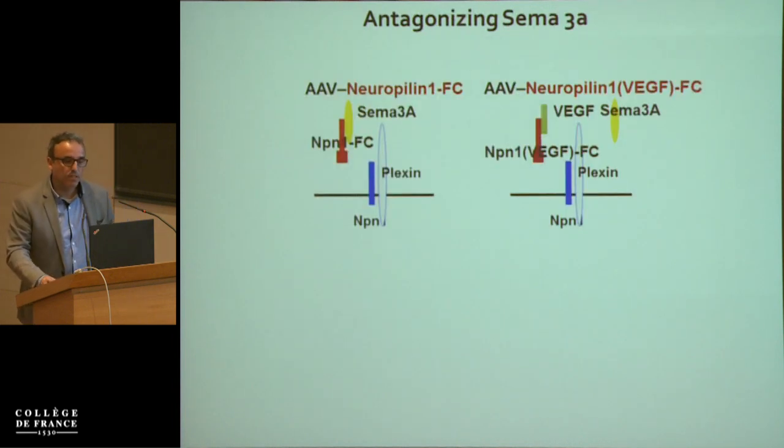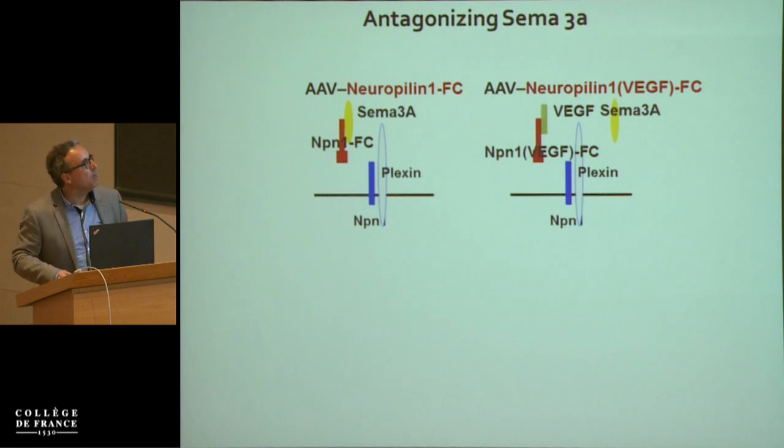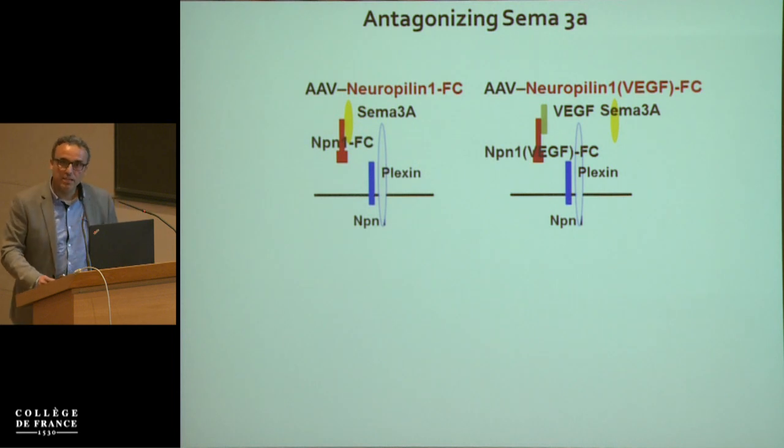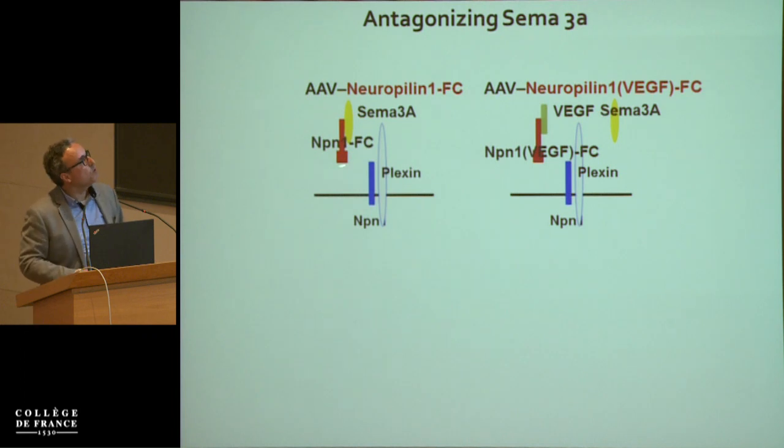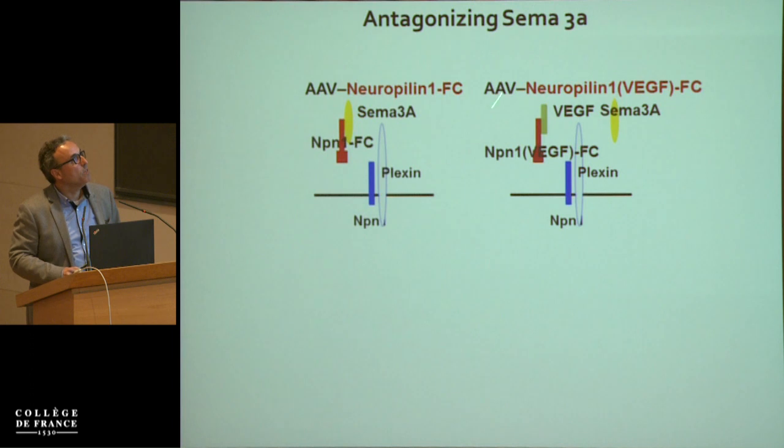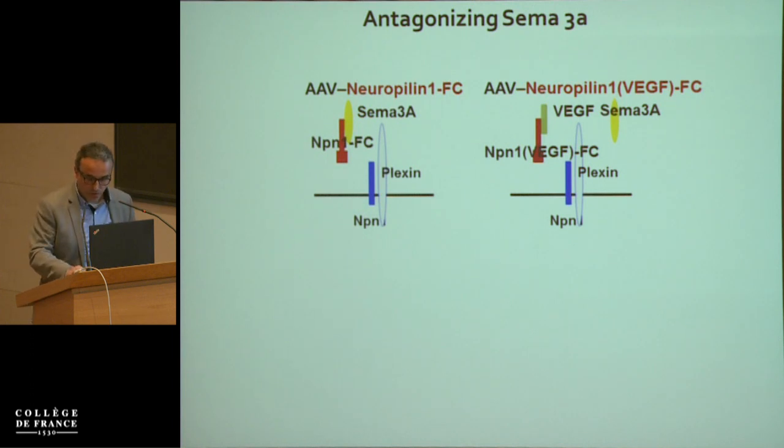So Jost made some receptor bodies to antagonize SEMA3A using the portion of the SEMA3A receptor neuropilin-1. Unfortunately, neuropilin-1 also binds to VEGF, so he had to work a little bit more, and he made a receptor body that is specific for SEMA3A, and another receptor body that is specific for VEGF.